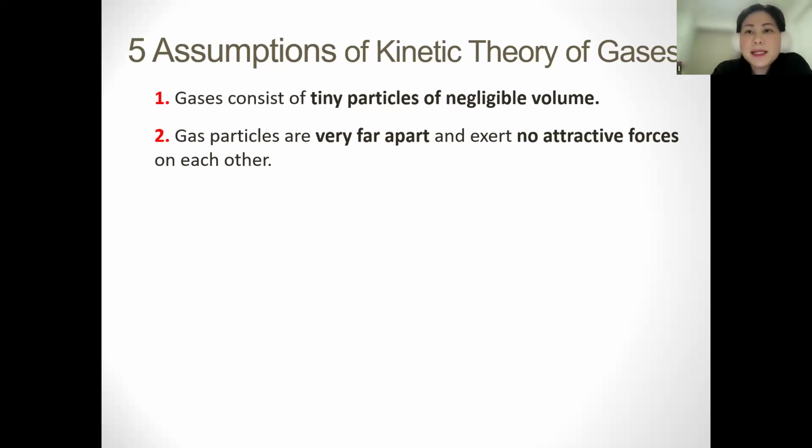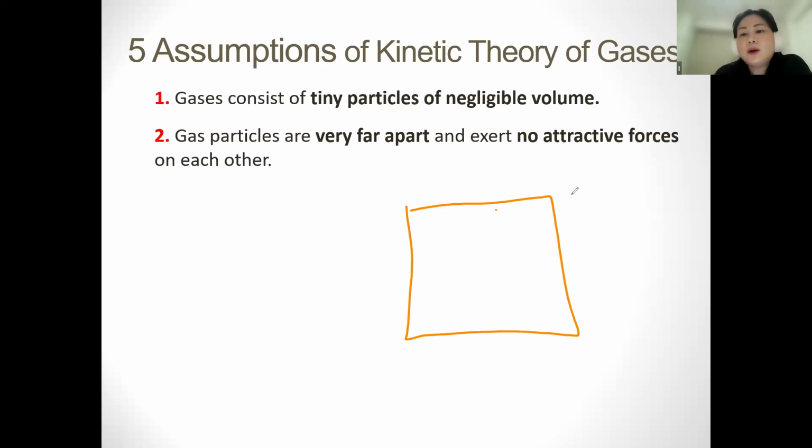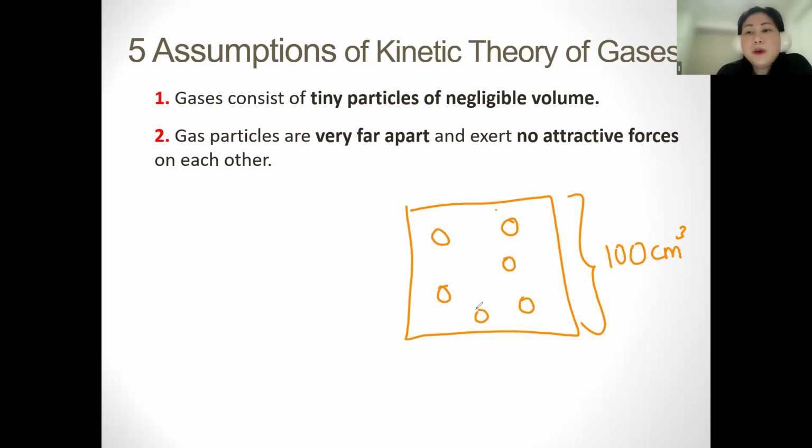What I mean by that is, look at this picture. If this is the volume of the container, the total space in the container, let's say, is 100 cm cubed, and in the container there are gaseous particles. Whenever we are doing calculation, we are going to be using the volume as 100 cm cubed.